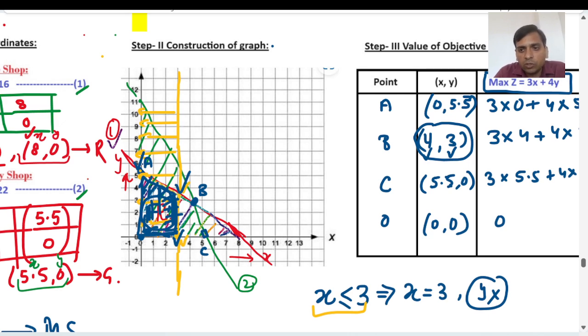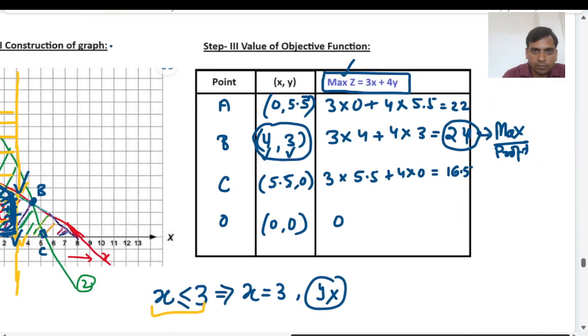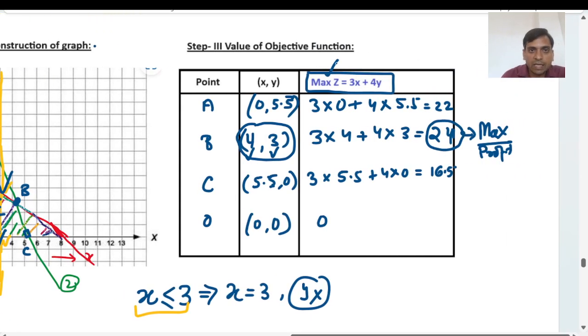Sometimes you will see a problem of minimization. Suppose this is not a case of profit. Suppose this is a case of cost.